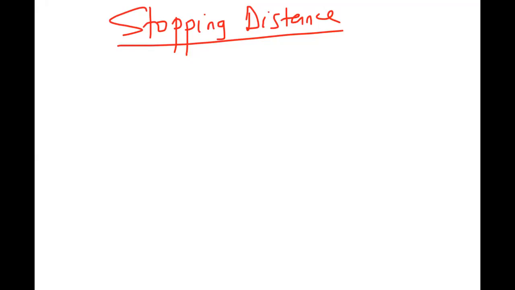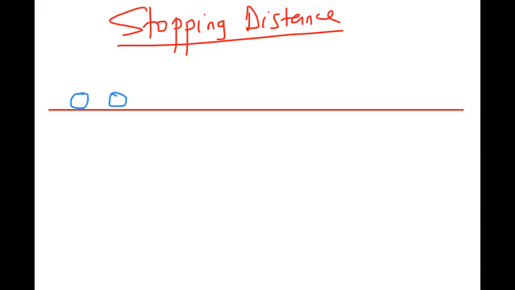The question is, what is the connection between the stopping distance and the initial velocity of the car? So I'm trying to draw the car here so I can explain what I mean. This is the car here, and the car is moving at a certain speed. We call it V, and let's say this is V initial.